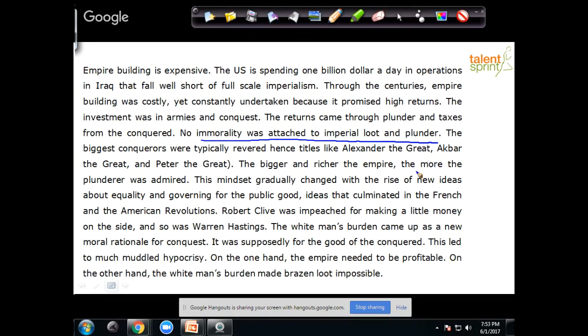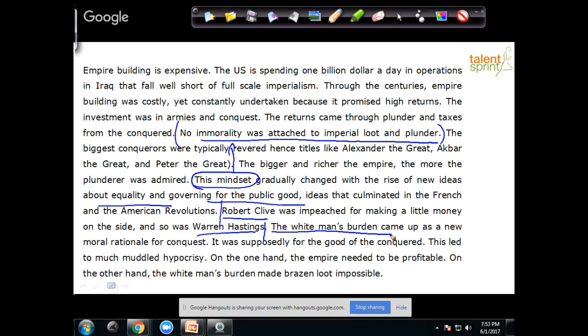This mindset gradually changed, that it was okay to loot and plunder, with the rise of new ideas about equality, governing for the public good. Ideas that culminated in the French and the American Revolution. Robert Clive was impeached for making a little money on the side. So these are examples of people who were looked down upon because they made some money.